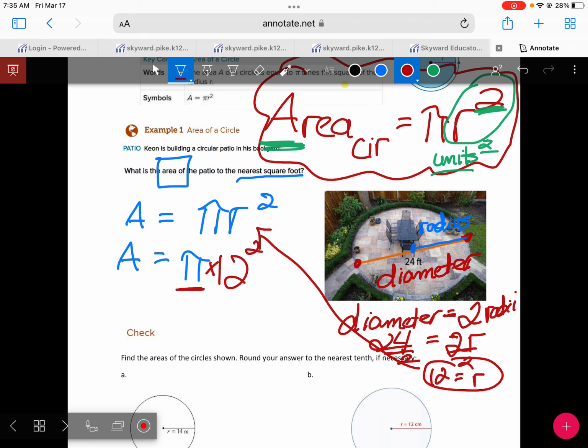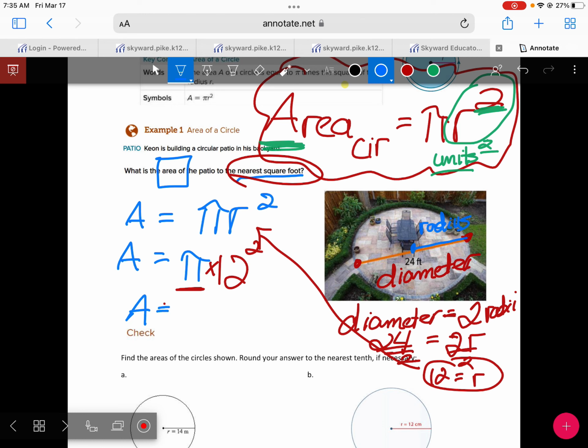And that should give you the 2, and then hit enter. And that gives it to you in pi, right? We don't want something in pi, so what do I hit? The little arrows right above enter, and you should get what? 452.389. Yes. Now, it says to the nearest square foot.